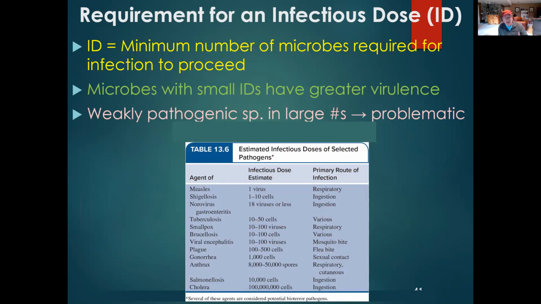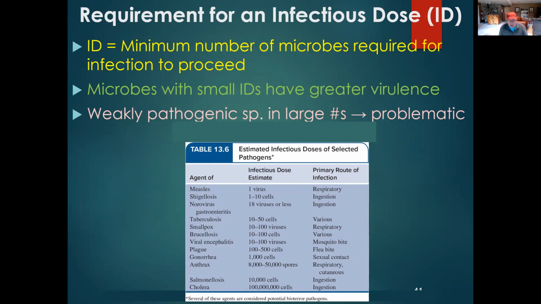All you need is one viral particle to get measles. It's extremely contagious. Tuberculosis also. Norovirus, which causes lots of gastrointestinal upset. Smallpox. We're talking just a few cells or a few viruses. That's all it takes, assuming it gets into the proper portal of entry, to cause infection and disease.